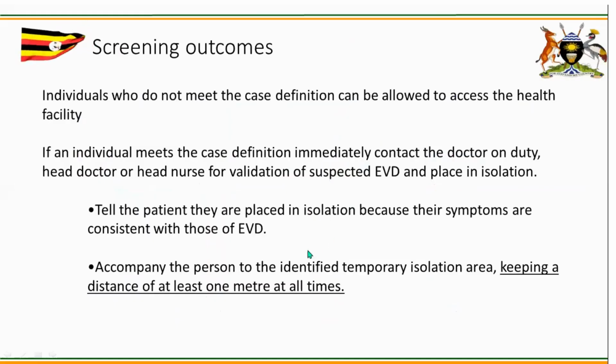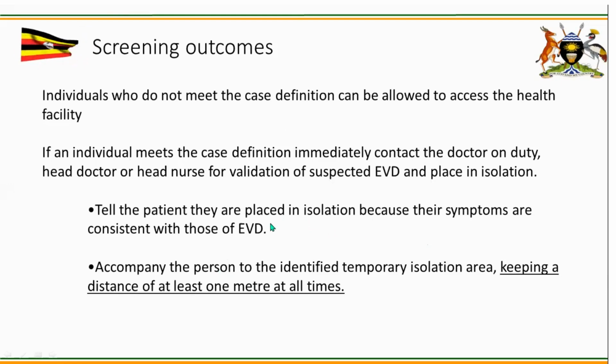Then the screening outcome, at the end of the day, is going to be two options. Either the patient has been categorized as a suspect, and is informed of the outcome of this screening, and then sent to isolation.